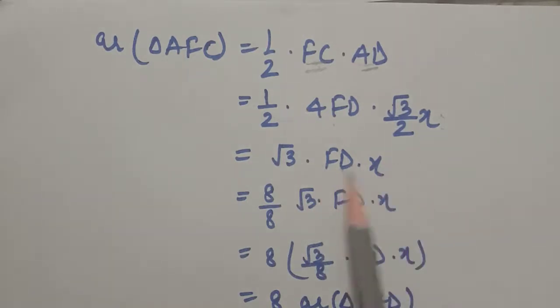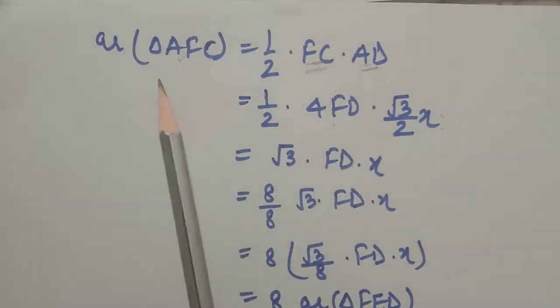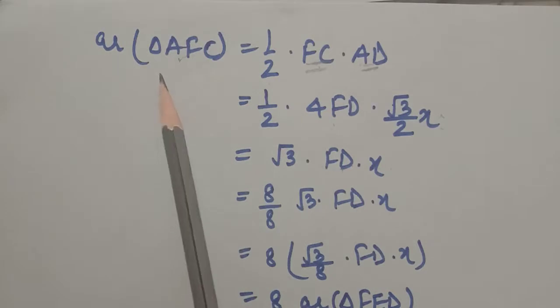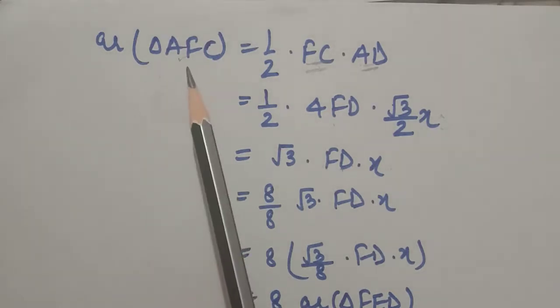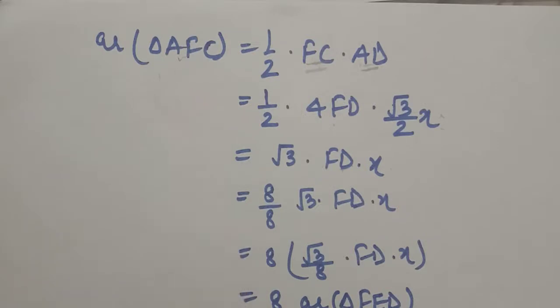Because we have to find the relation between area of AFC and area of FED, and we know very well the area of triangle FED which we already proved a minute ago, we have to make this area similar to the area of triangle FED. So we have to multiply and divide by 8.